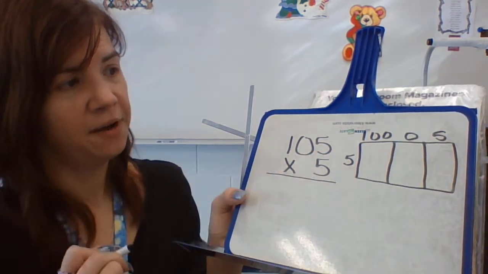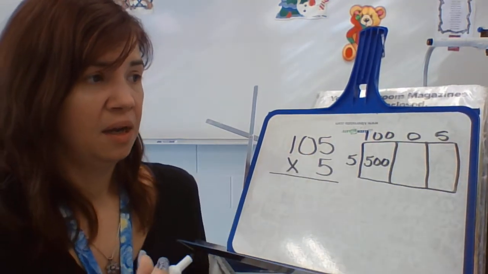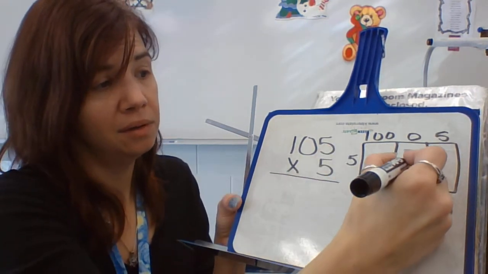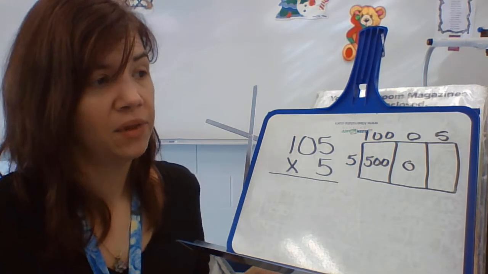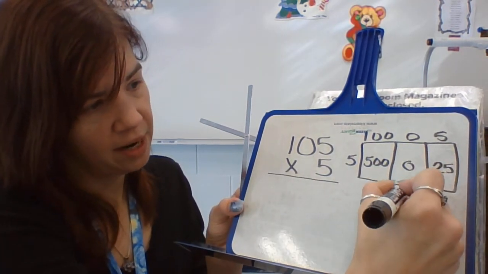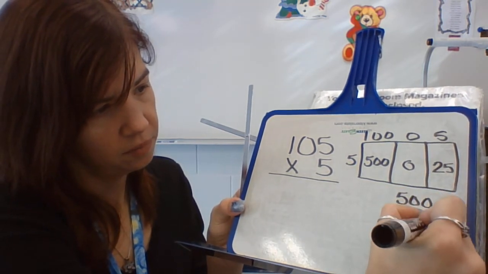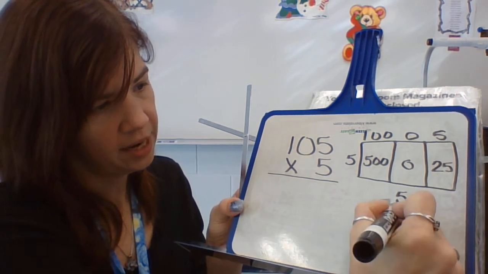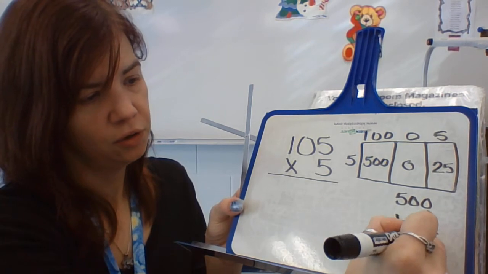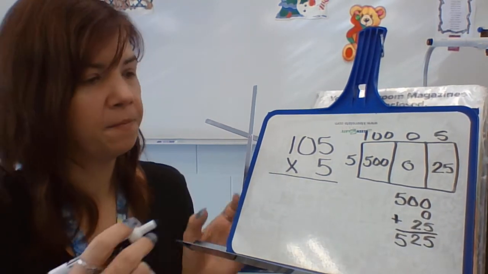And there's my other 5. 5 times 1 is 5, and I add in my zeros. Well, 5 times nothing, anything times 0 is 0. And then 5 times 5 is 25. So when I line these up and I add them, 525.